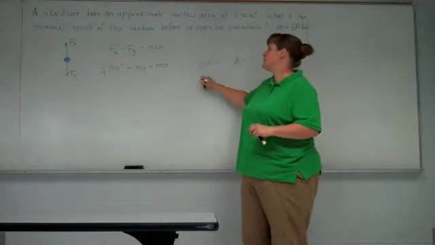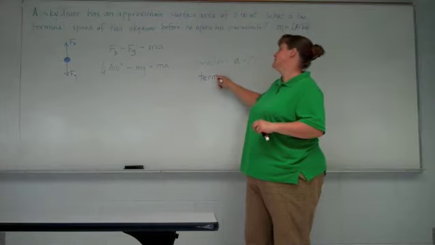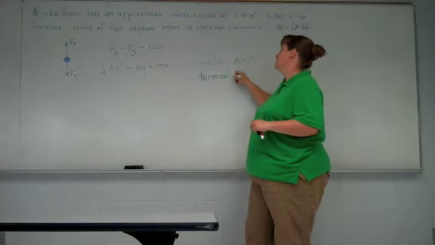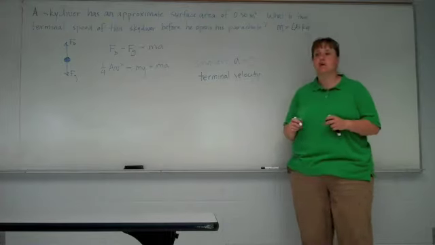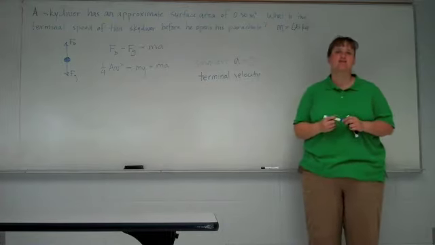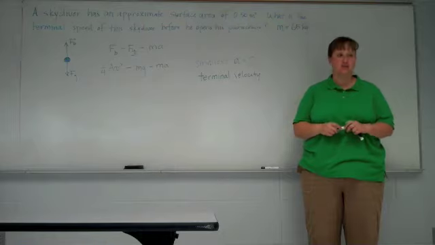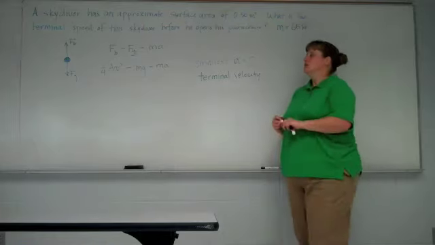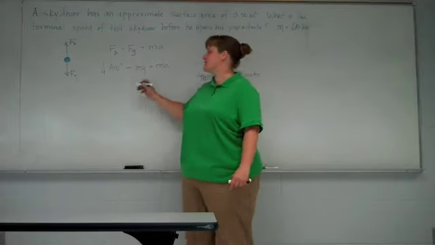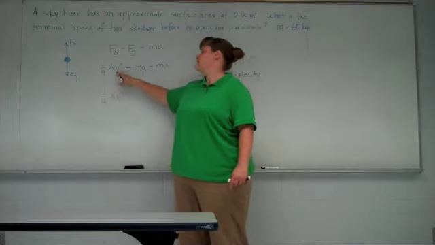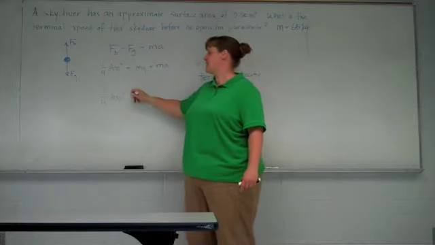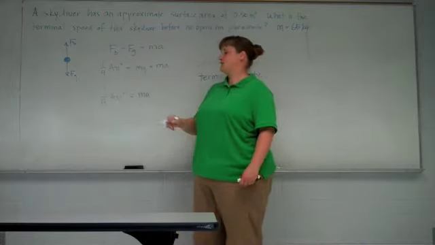So terminal velocity is the point when acceleration is 0. His velocity does not change anymore. It doesn't get bigger. Well, if acceleration is 0, then the drag force has to equal the force of gravity.